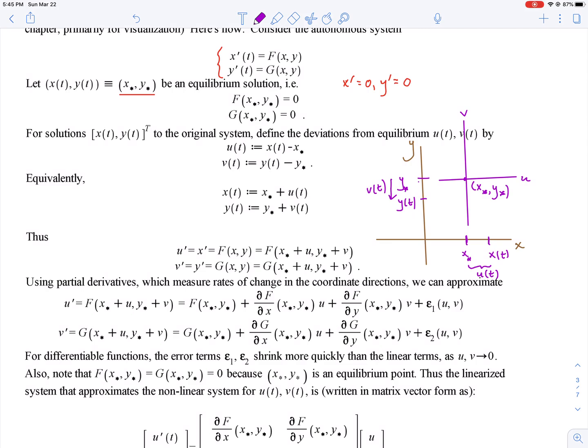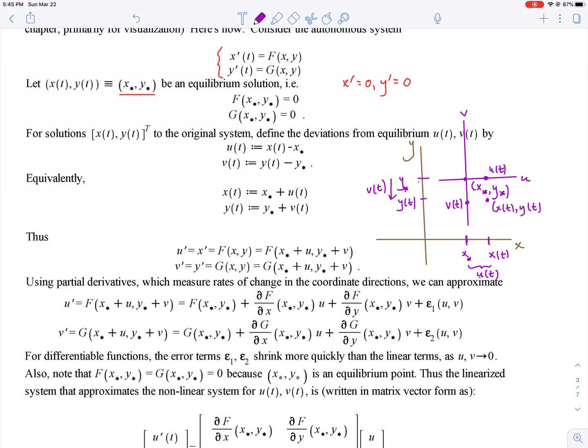So in this picture, I drew the values of x of t and y of t, so the point x of t, y of t would be here. And in the uv coordinate system, it would be u of t, v of t. So this would be u of t, and this would be v of t in the uv coordinate system.